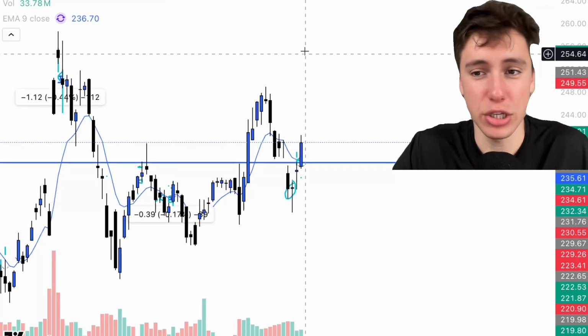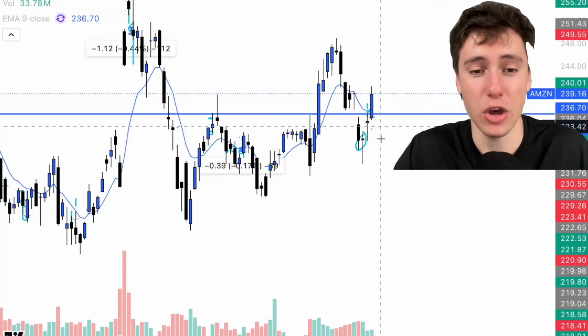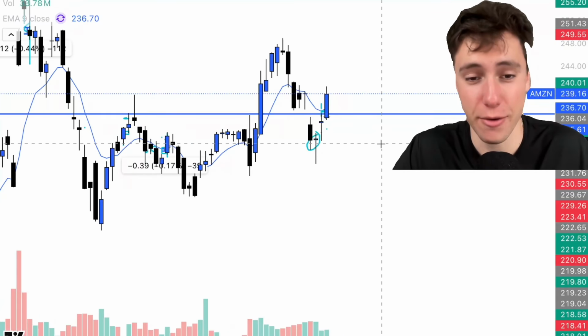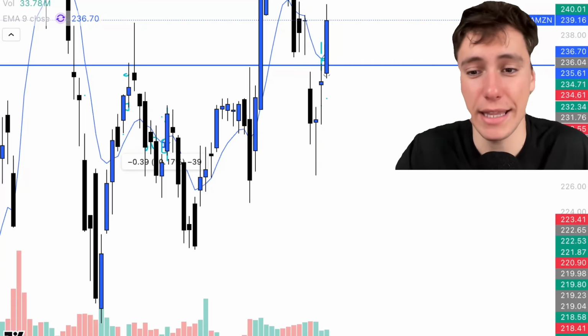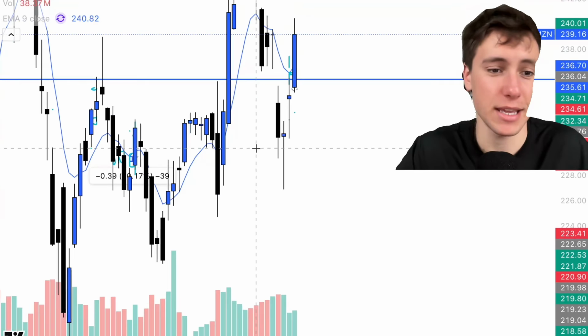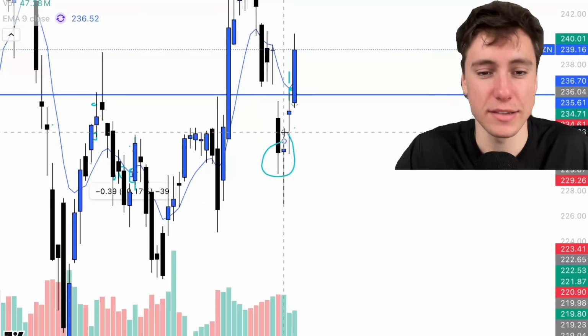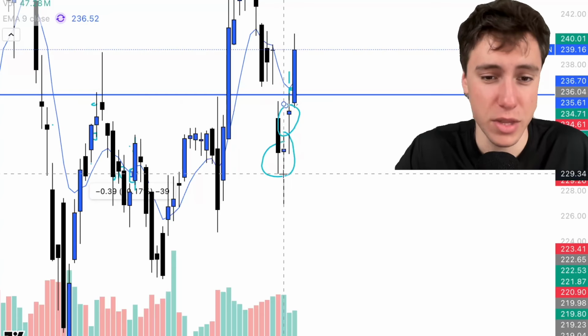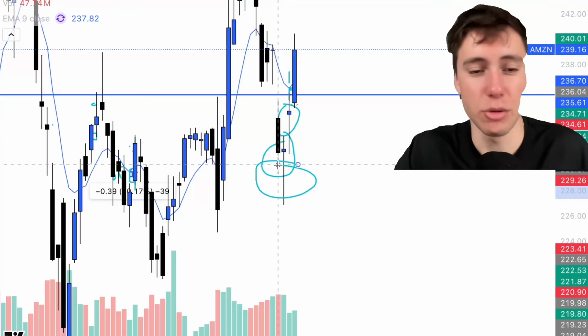So I recently took a trade on Amazon, guys, and this trade actually went over 700%. And let me show you guys exactly how I did it. So first, you want to trade Amazon when we're currently in an uptrend. Amazon is making multiple green days in a row where we're just gapping up like crazy, as you guys can see here. Looks like we found a bottom and now we're bouncing off and we're into bullish momentum.